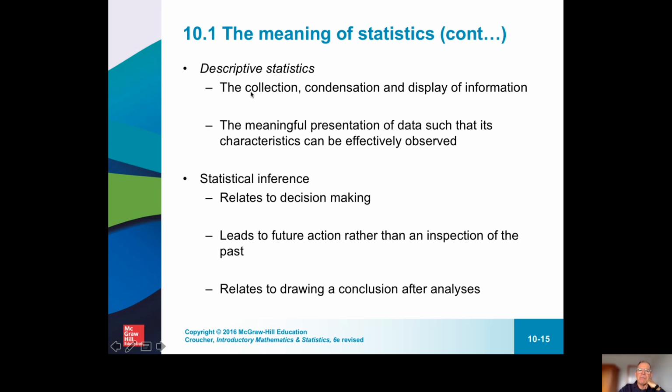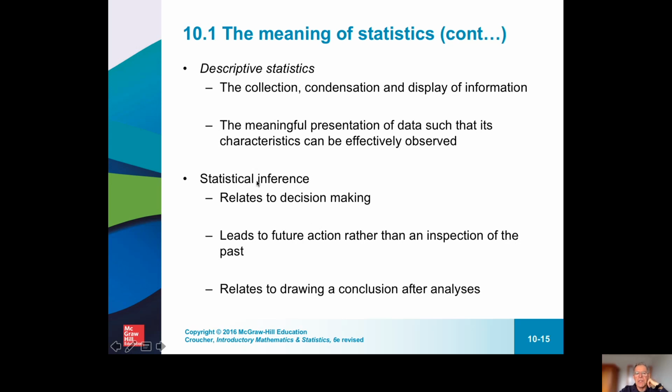And a couple of other terms that we've got to get our heads around. One is descriptive statistics. Simply gather the data, display it, record what has happened. Descriptive, describing, if you like, is the root word, describing what's happened.